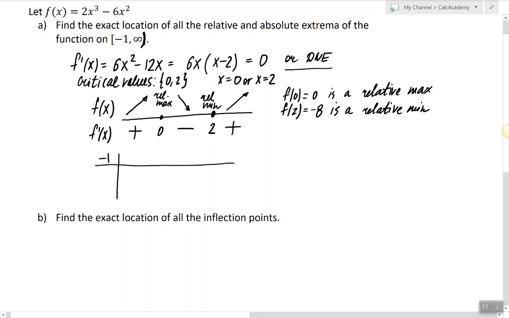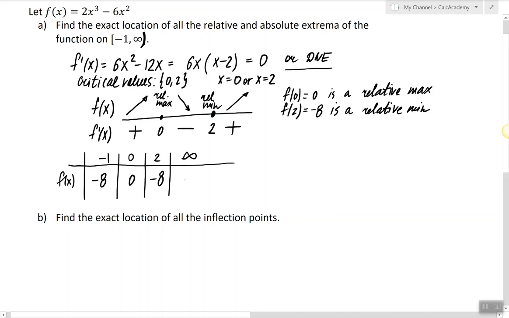So we're going to find the value at -1, 0, 2, and infinity. So f of -1 is -8. f of 0 we found to be 0. f of 2 is also -8.